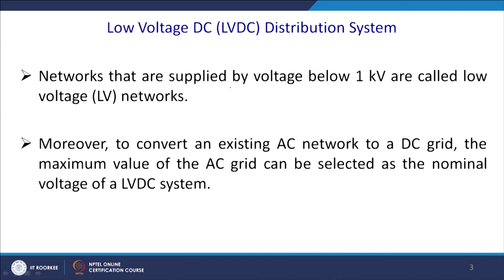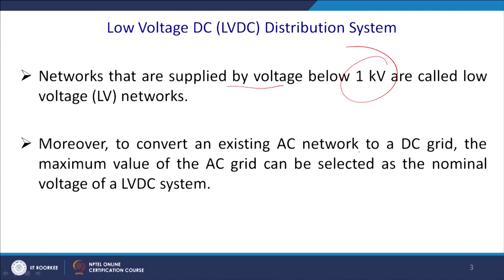The network that is supplied by voltage below 1 kV is called the low voltage network. Mostly we have 220 volt RMS as AC, and we can take the same voltage as DC in most cases, or we can also consider a 48 volt battery system as a reference.